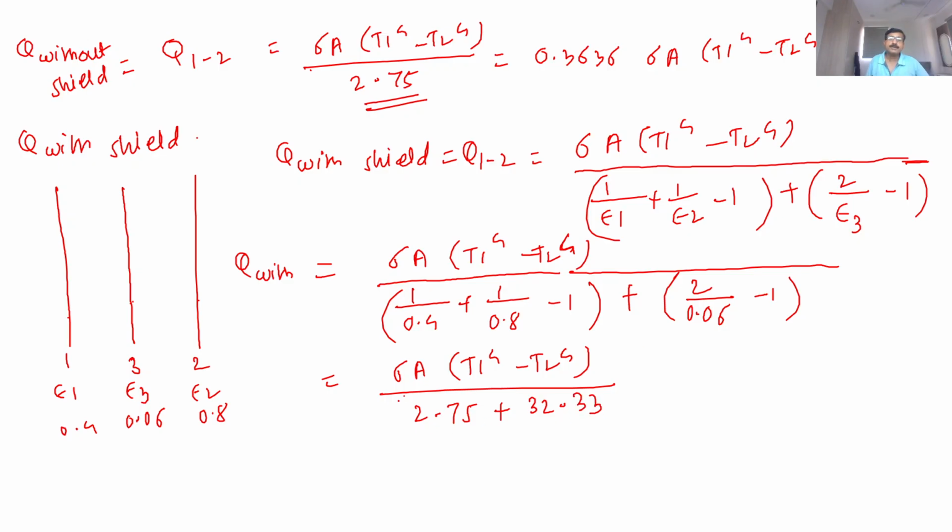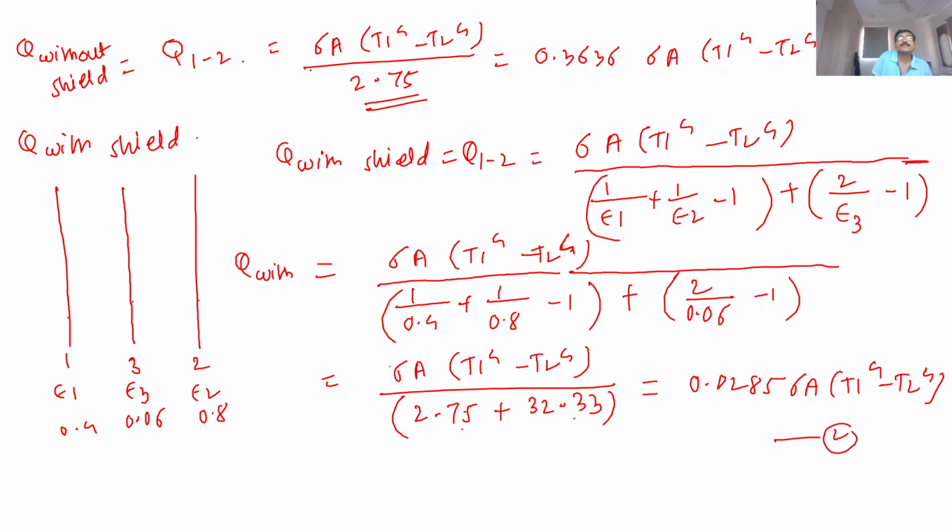Okay. So I will add these and take the inverse of it. So it will come in the numerator. It comes as 0.0285 sigma A (T1 raised to 4 minus T2 raised to 4). And this is equation 2.